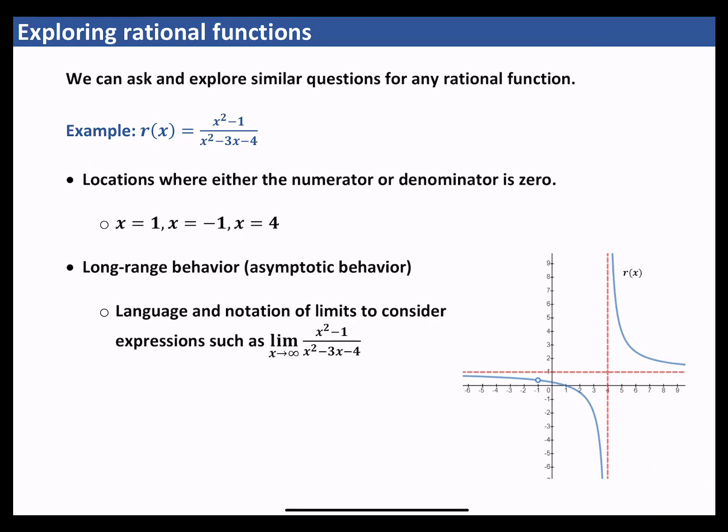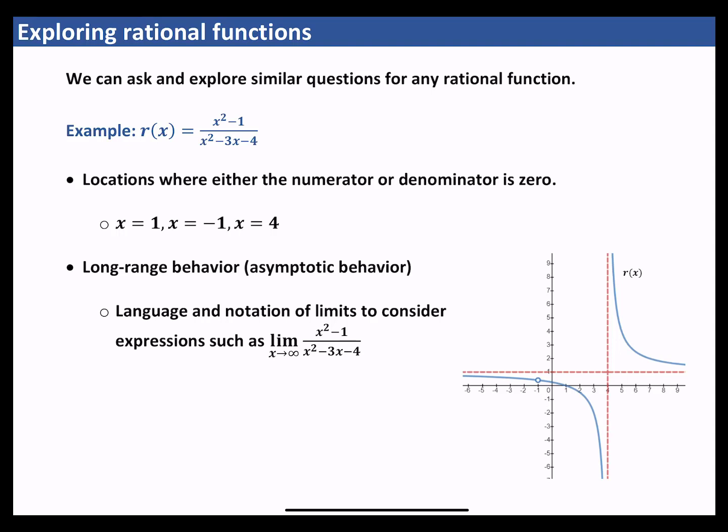For example, if r of x equals the quantity x squared minus 1 divided by the quantity x squared minus 3x minus 4, we can study the behavior of the function near several interesting points, including x equals 1, x equals negative 1, and x equals 4, which are all of the locations where either the numerator or the denominator is 0.